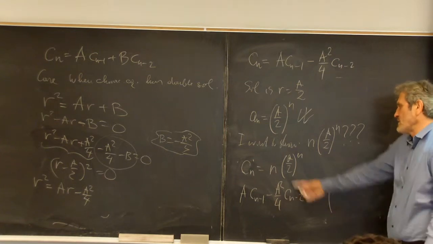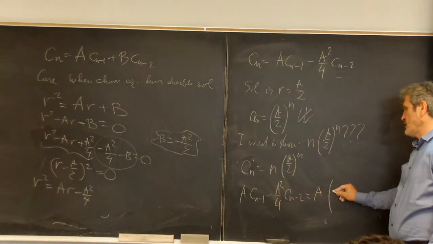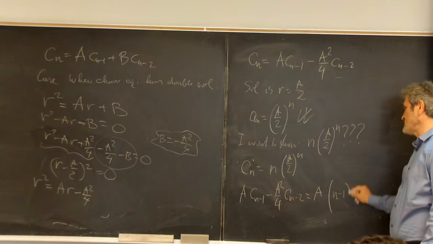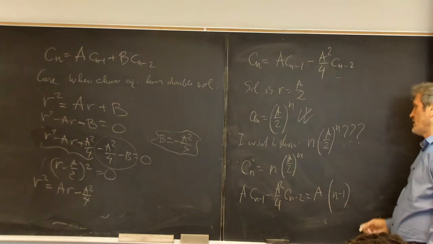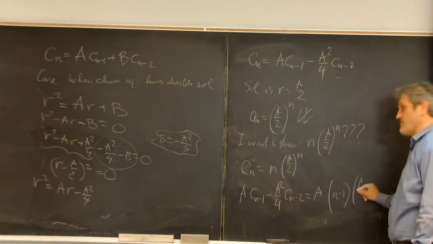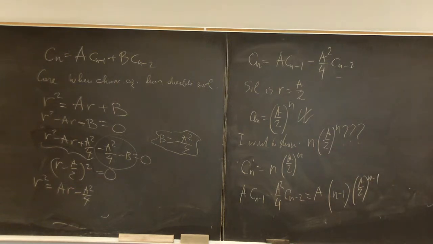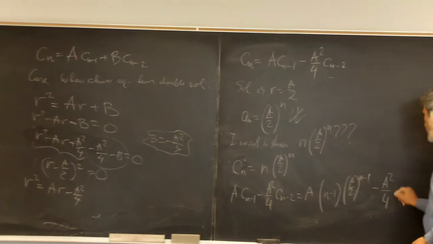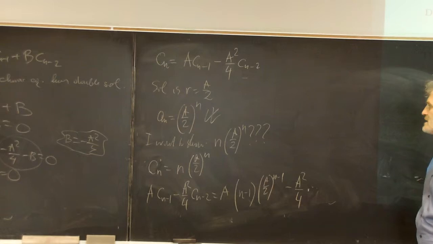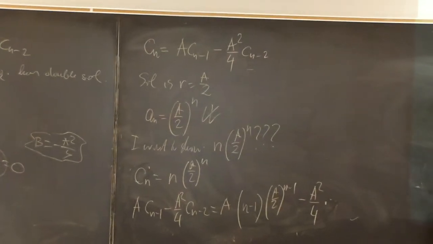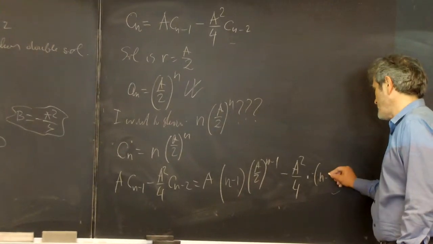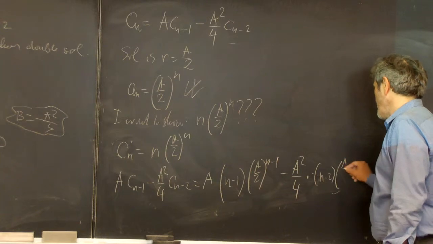How much is c_(n-1) from here? It's n minus 1 times A over 2 raised to the n minus 1. Minus A squared over 4 times what? How much is c_(n-2) then? It's n minus 2 times a half to the n minus 2.